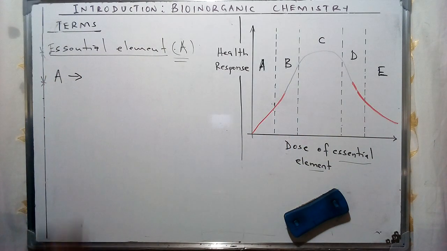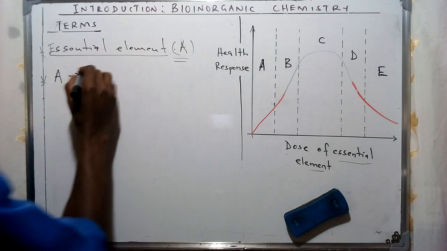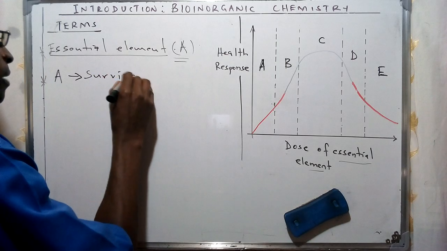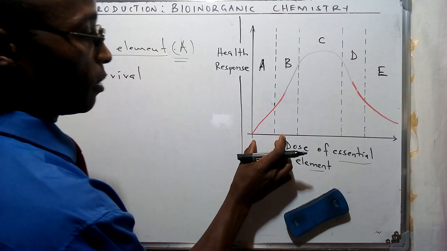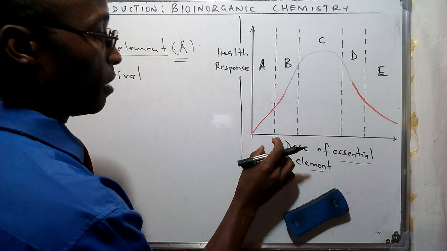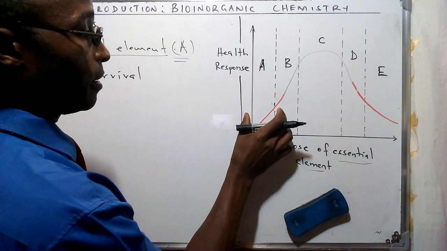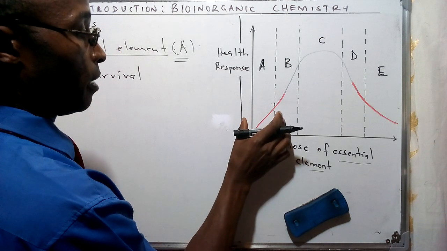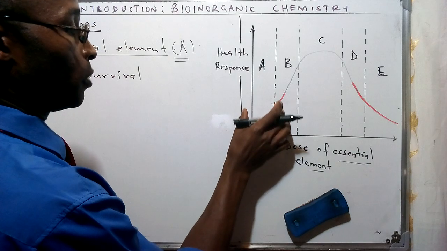Whereby for A, we have this specific state referred to as survival. In this case, this is a state defined by this specific dosage of an element from this place to this one, whereby the element has not been fully biologically available to the organism.